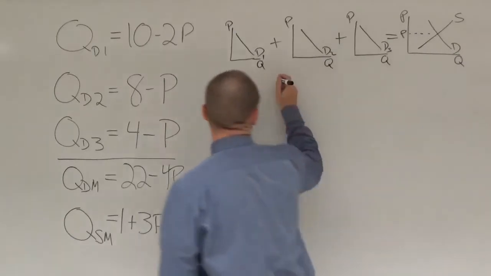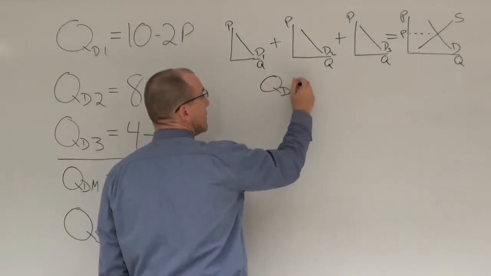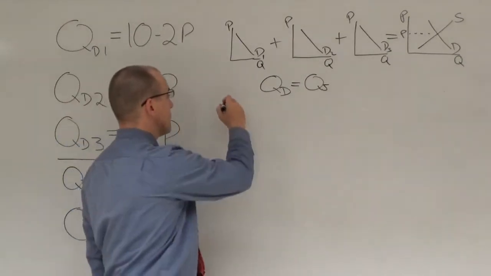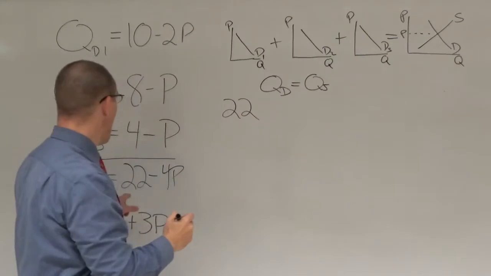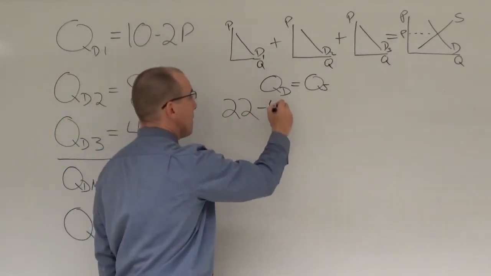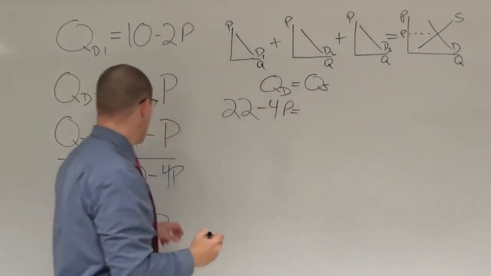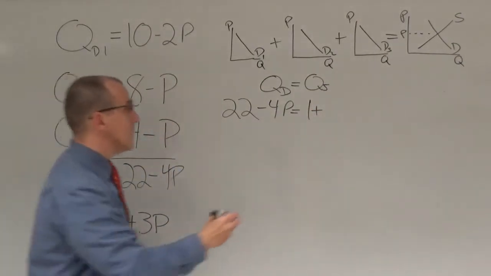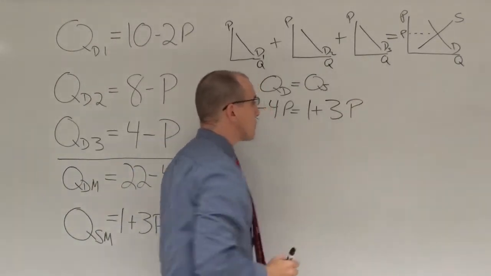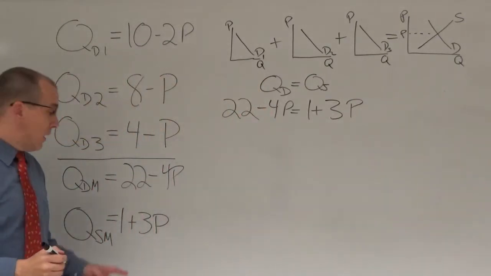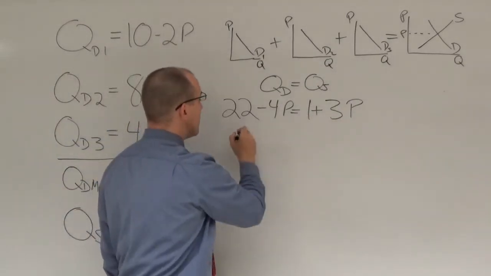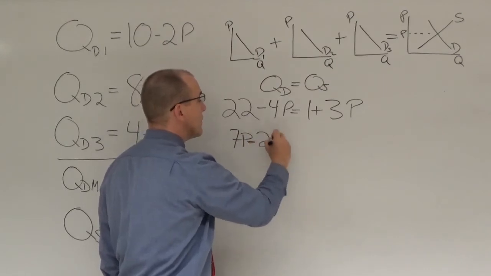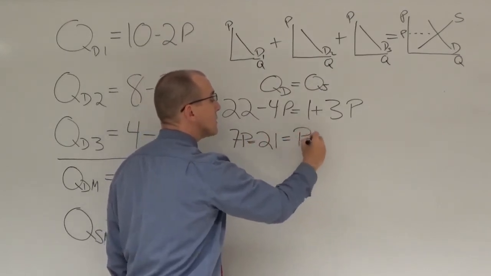Quite simply, all we do is set quantity demand equal to quantity supplied, plug in our equations: 22 minus 4p equals 1 plus 3p, which is our supply curve, and then we solve. And if I do my math correctly, I will have 7p equals 21, which will give me a price of 3.